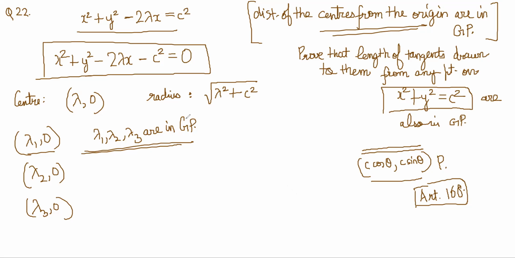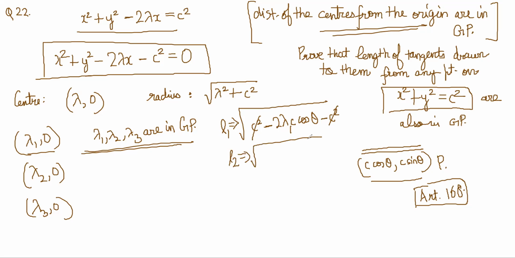Correct. If my circle is lambda 1, my length of tangent 1 will be equal to root over, put this point in this, so it will become c square minus 2 lambda 1 c cos theta minus c square. So it just simply becomes this. Length 2 will become c square minus 2 lambda 2 c cos theta minus c square.